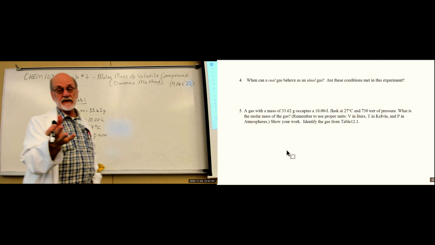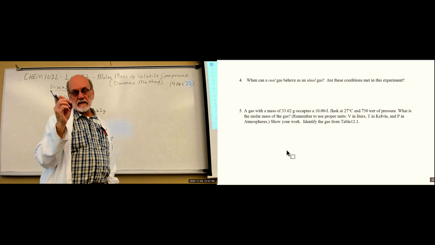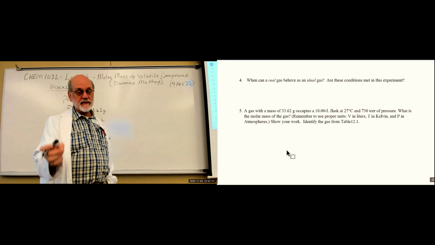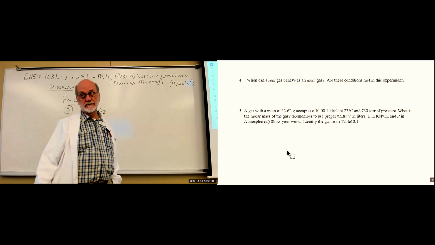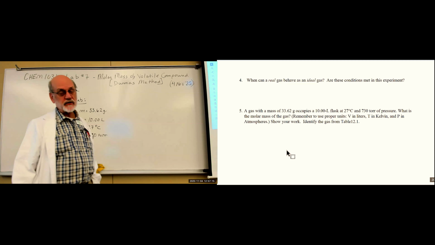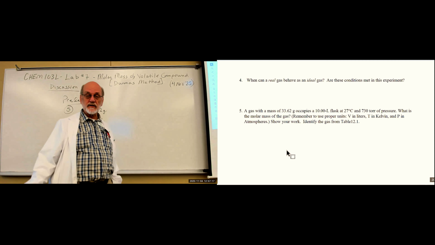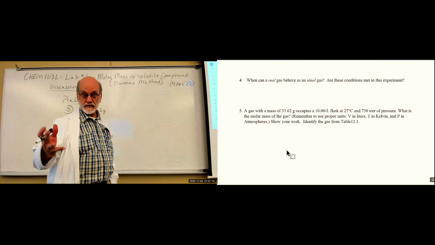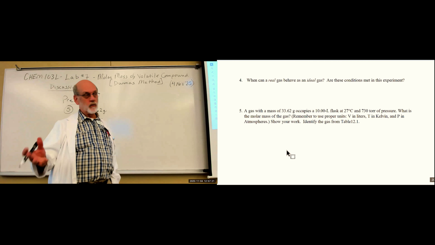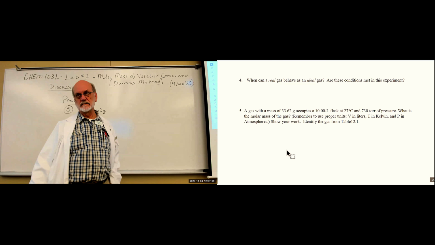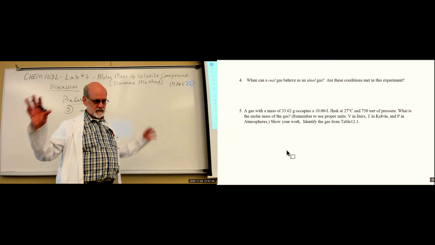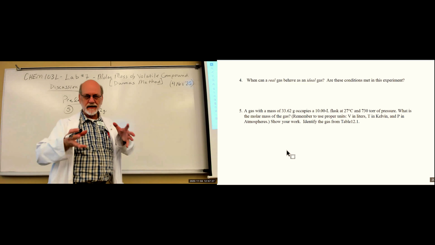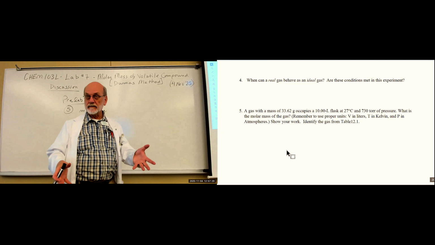All right, in this case, 27 degrees is not that hot. So I'm assuming that what we're determining is the molar mass of a gas, and it wasn't a liquid before. Right? They just trapped that gas in 10 liters and were able to weigh it.